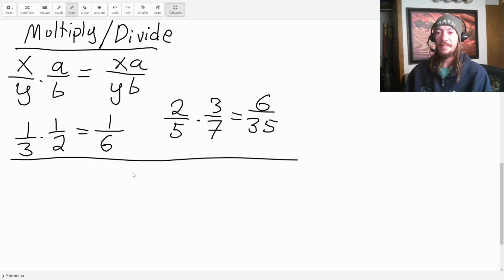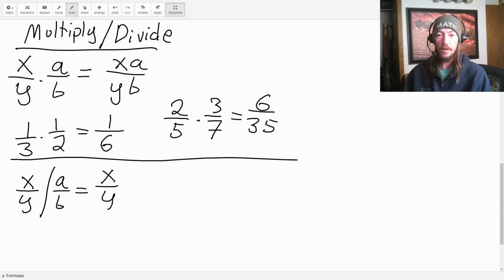Now division is only one extra step. I like to think of division as just flip the second fraction and then multiply. So what does that mean? If we have x over y divided by a over b, well, that's the same as x over y times flip b over a.